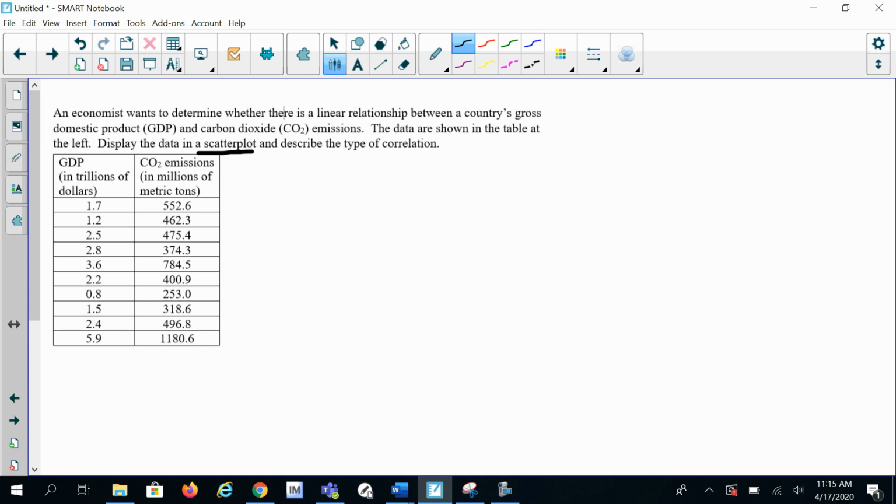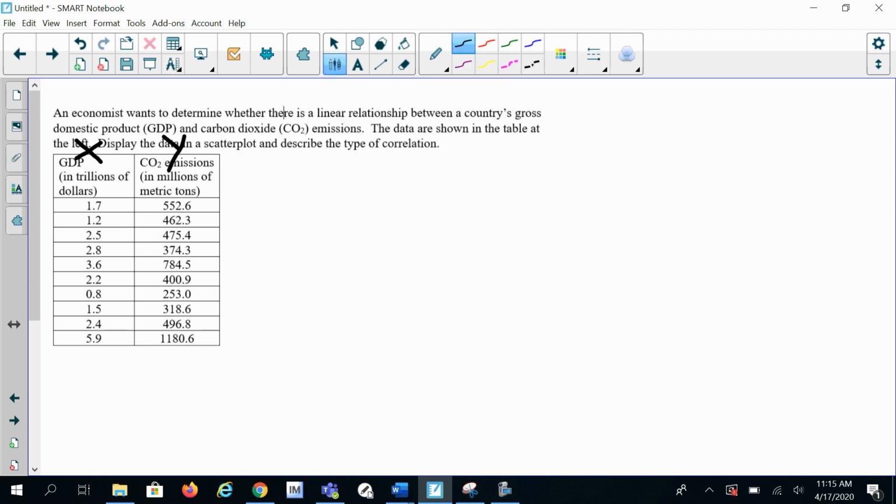For a scatter plot, if you have a table that looks like this, where you have them vertically, the one on the left is always going to be your X variable, and the one on the right is always going to be your Y variable. I'm not going to trick you with that. That's the way it's always going to be.